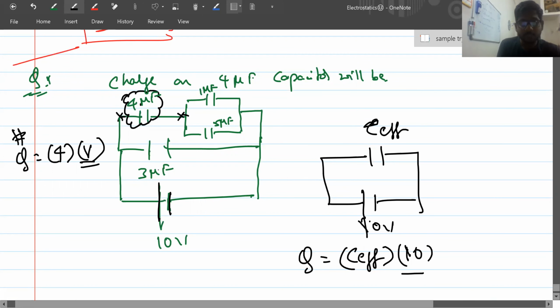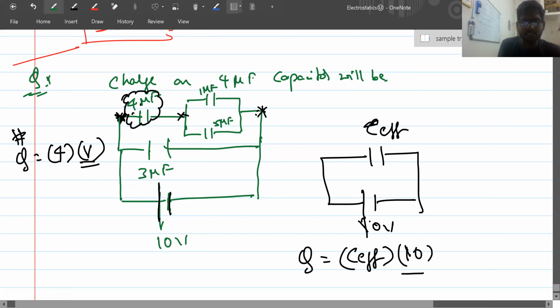Or otherwise, you can get the charge by finding out the charge that is going to this entire circuit, because in a series combination we will have the charge equal in all the series capacitors.